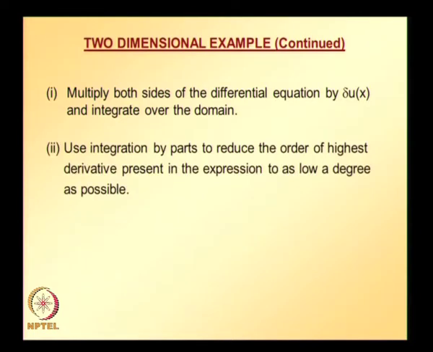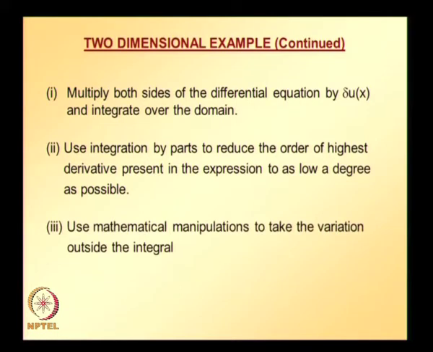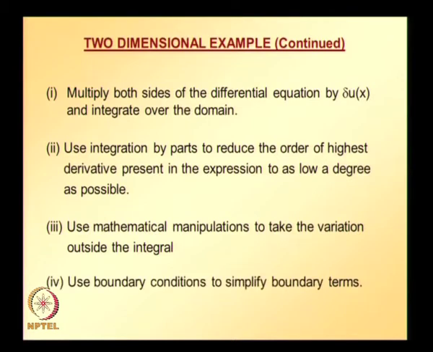And the second step is similar to the modified Galerkin method, that is use integration by parts to reduce the order of the highest derivative present in the expression to as low a degree as possible, and use mathematical manipulations to take variation outside the integral and use boundary conditions to simplify boundary terms. So, these are the steps involved in this variational method or Rayleigh-Ridge method. So, let us start.